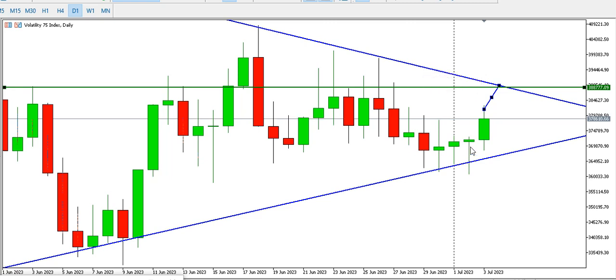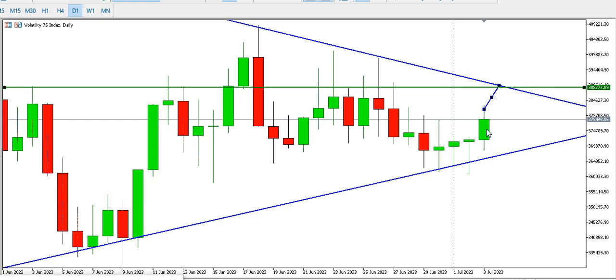Looking at yesterday's candlestick, we have this pin bar with a very long shadow breaking downwards towards the lower part of the range.